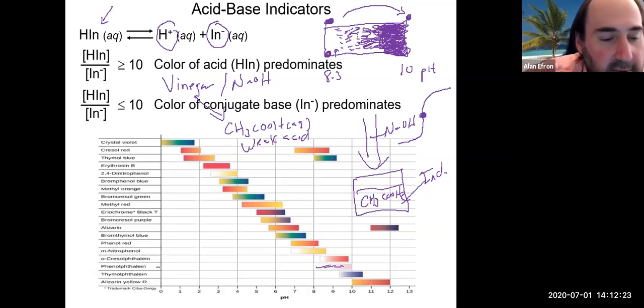So the colors of the indicators won't always be colorless and pink. Again, that is specific to phenolphthalein, and I usually use that as an example because that's the most popular indicator used in a lot of places. But if you choose a different indicator, there will be different colors associated with those, and it would change from one color to the next. So one color is more of the acidic side of the range, and one is more of the basic side of the range.